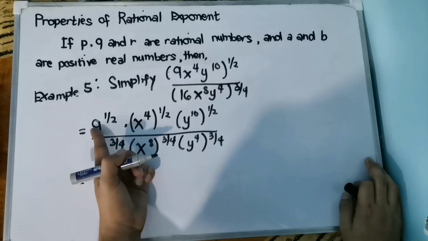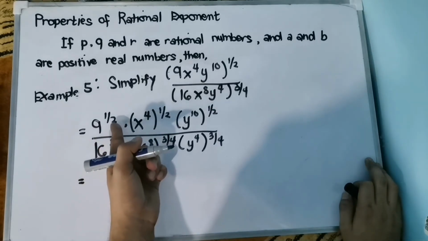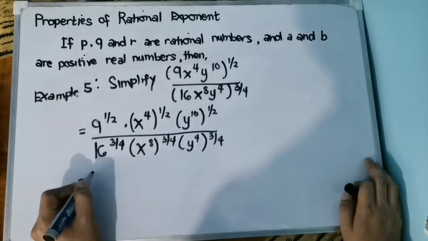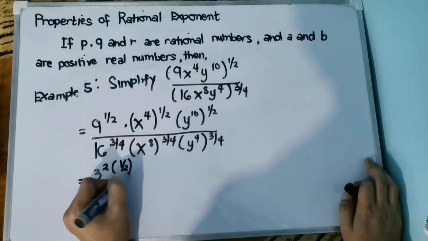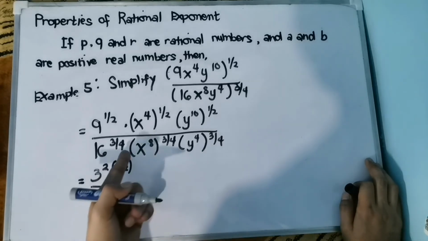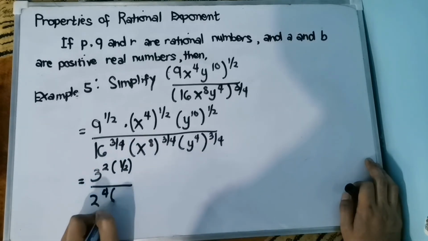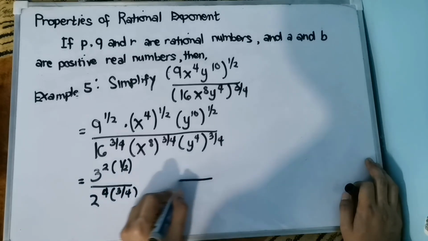So, kailangan meron tayong makakancel. So, we can raise it doon sa denominator ng ating given na rational exponent. Katulad nitong 9, pwede tayong gumamit ng 3 squared. Para kapag minultiply natin siya sa 1/2, makakancel natin. And then, dito naman sa 16, so 4. So, pwede natin i-raise yung 16 as 2 to the 4th times 3/4. So, para meron tayong makancel.